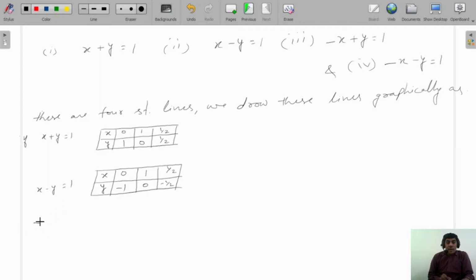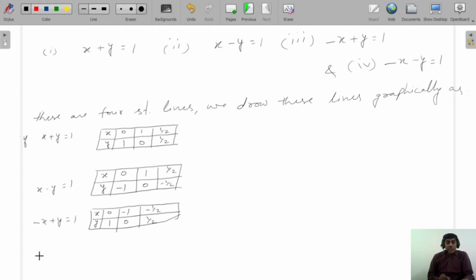Table for minus x plus y is equal to 1. If x is 0, then y is 1. If x is minus 1, then y is 0. If x is minus 1 by 2, then y is 1 by 2.